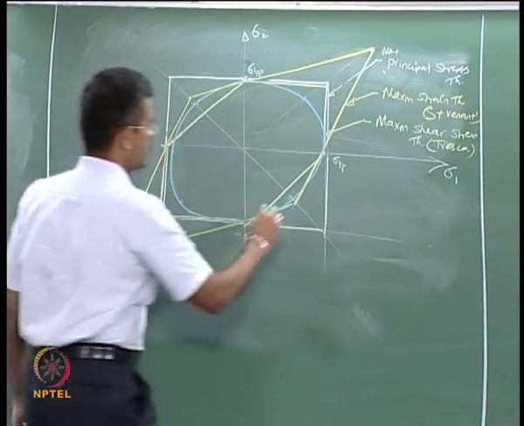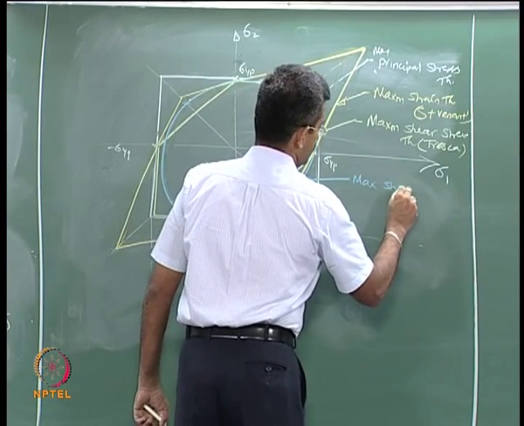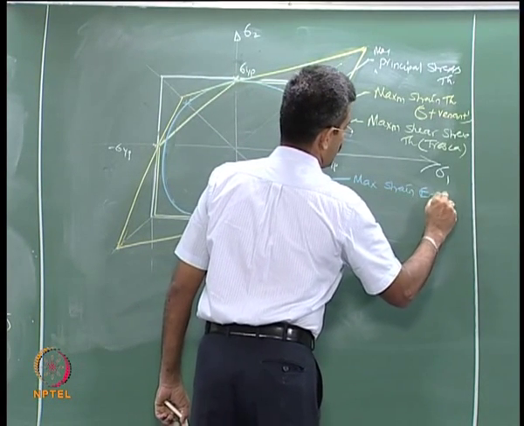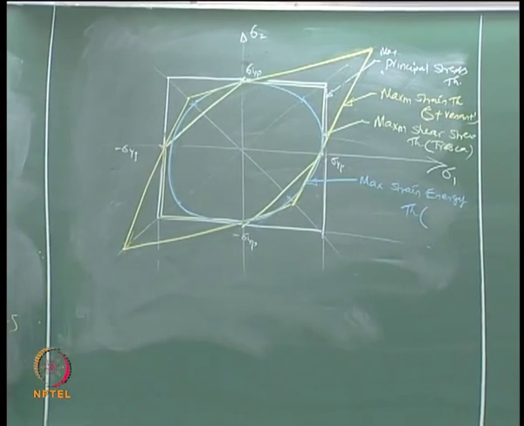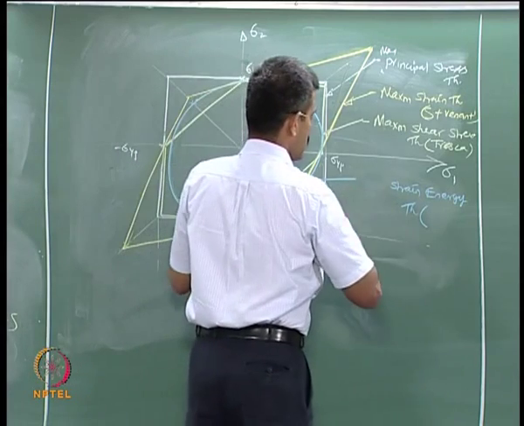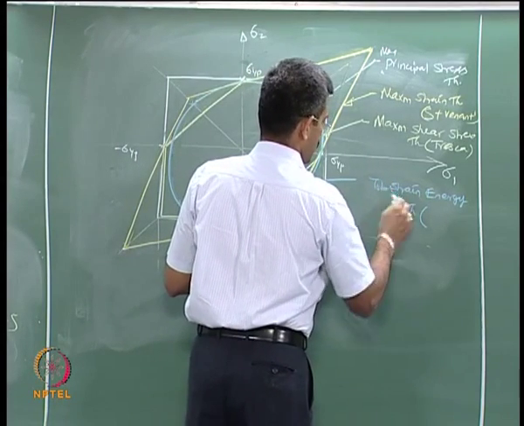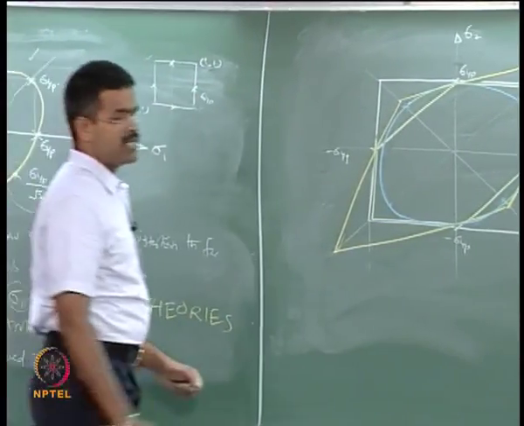This is maximum strain energy theory. Not maximum, total strain energy, it is not maximum, there is nothing like maximum strain, total strain energy theory. So what are these values?